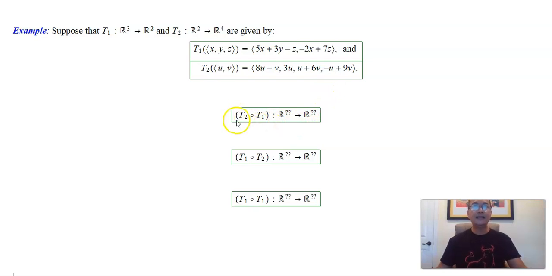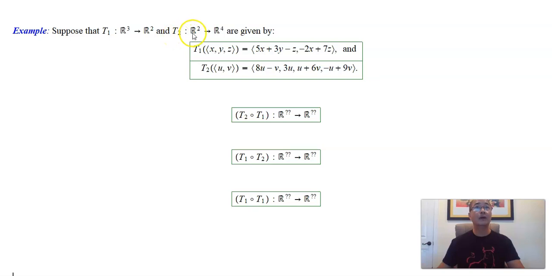So let's check. Is the composition T2 compose T1 really defined? Are T2 and T1 compatible in that order? Because we're going to check. Maybe it should be T1 compose T2. I have these question marks all over the place. Let's make sure. So T1 is going from R3 to R2.